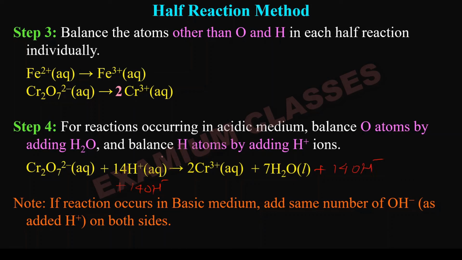On the left hand side, in this case, 14 H plus and 14 OH minus will give us 14 H2O, and there are 7 H2O on the right hand side. So effectively we will have 7 H2O on the left hand side, 14 minus 7. But in this case we don't need to bother about that. This is acidic medium. We don't need to add OH minus on both sides. That is just for your information.